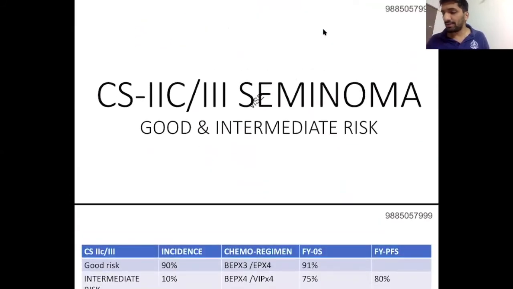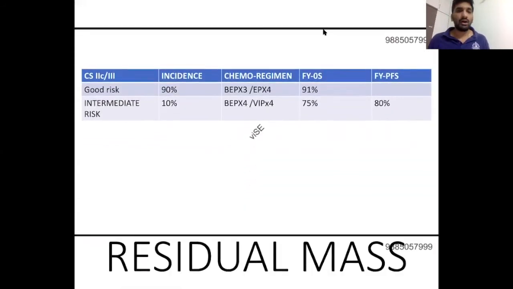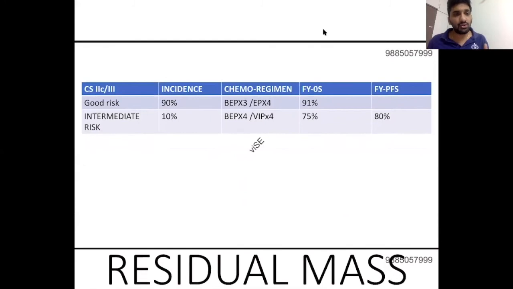Let's go to clinical stage 2C and 3, that is advanced seminoma. As you all know, there is no poor risk prognostic category in advanced seminoma. There is only good and intermediate. So after you stage, you assign the patient to good or intermediate.